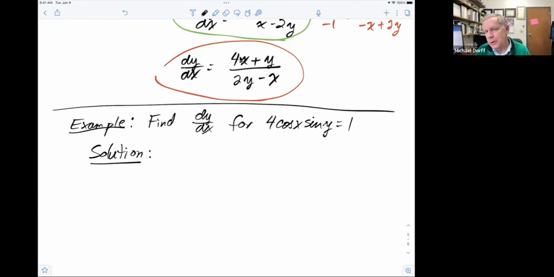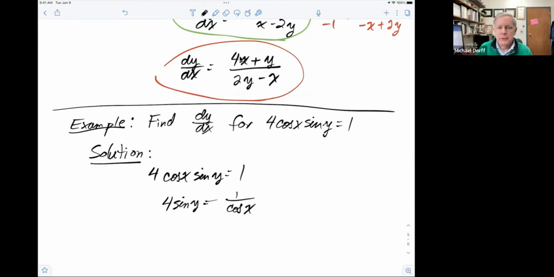Now, some of you may say, well, we could bring the cosine x to the other side, to the right side, right? And then you would just have y's on the left and x's on the right. Let's say you brought the cosine to the other side, maybe by dividing by cosine, and so you'd have something like this. Well, you still don't have y by itself on the left side.